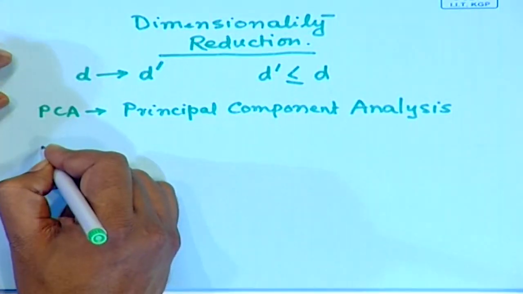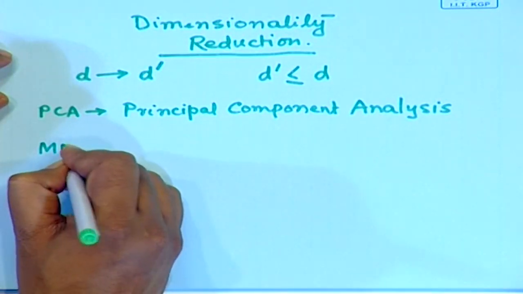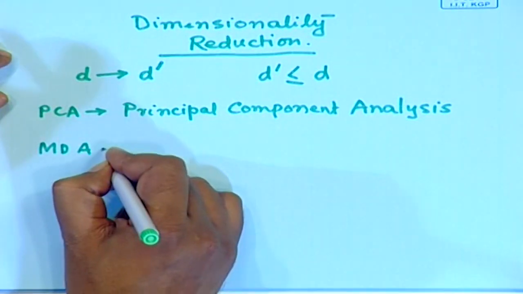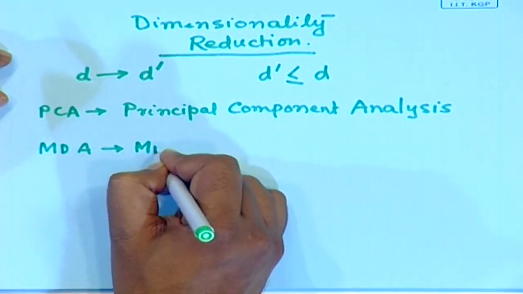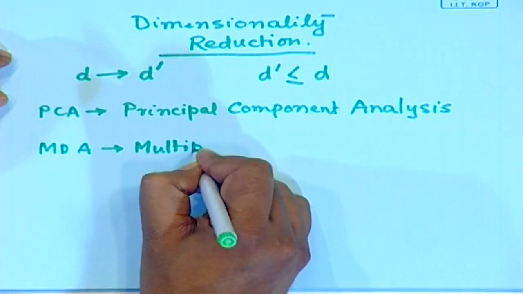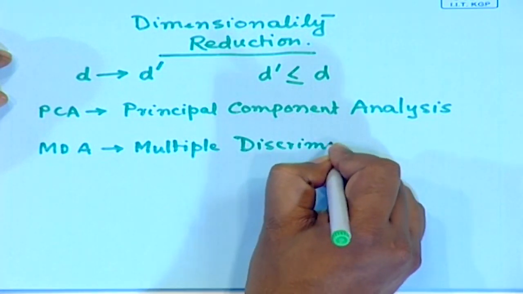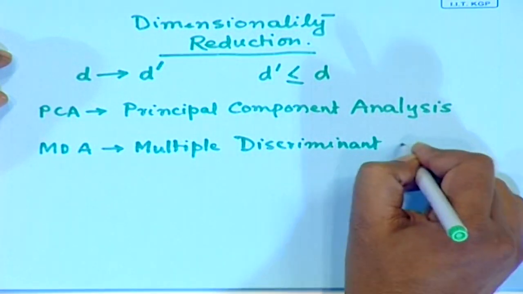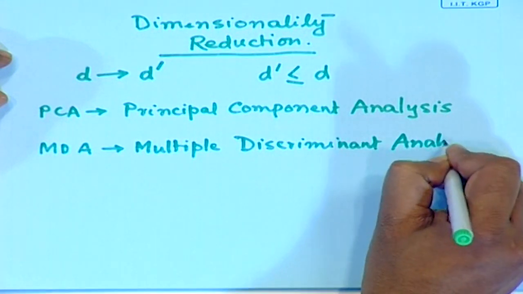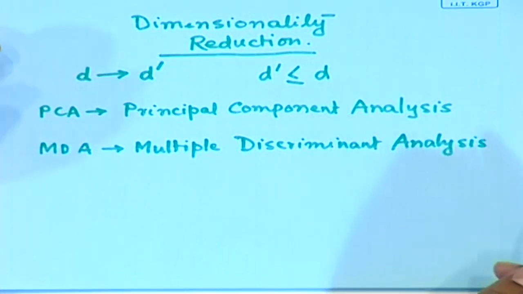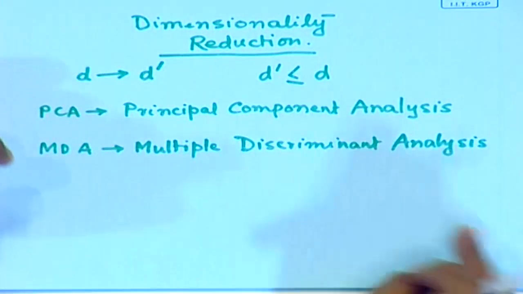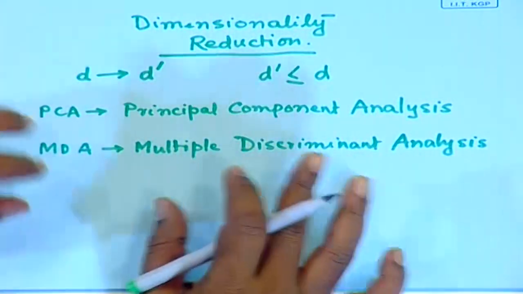And the other approach is called MDA, that is multiple discriminant analysis. Okay. So, the aim of multiple discriminant analysis is, after all, why we are trying to manipulate all these feature vectors, because we want to separate among the feature vectors which belong to different classes.